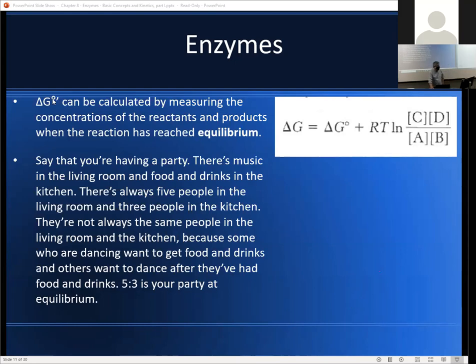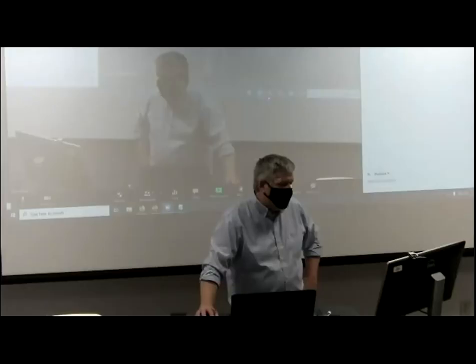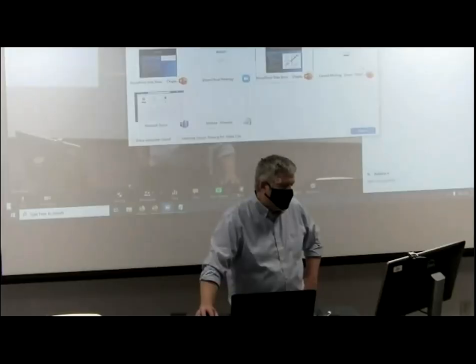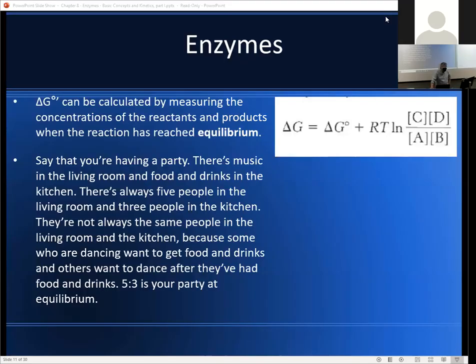Okay, so the change in standard free energy under standard conditions at pH 7.0, this here, can be calculated by measuring the concentrations of the reactants and products when the reaction has reached equilibrium.